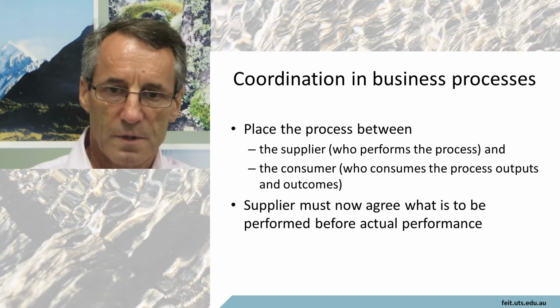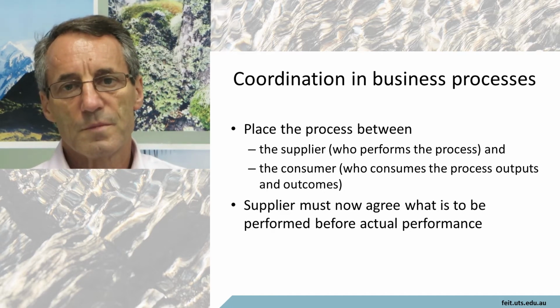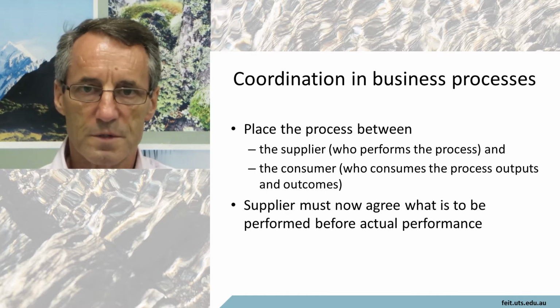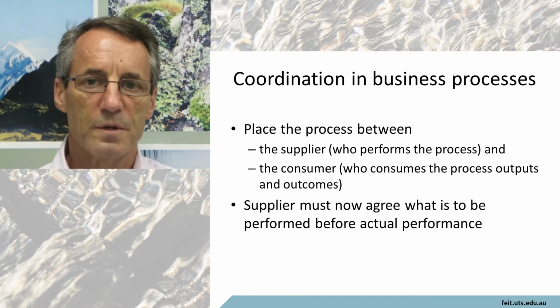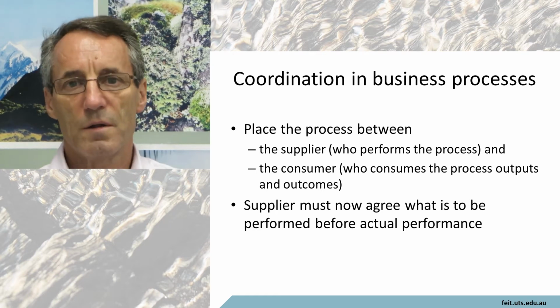Well, the situation of these processes, Goldkuhl and Lind situated them between the supplier who was performing the process and the customer of the outputs of that process. The initial model of process considered the production of the entire thing.